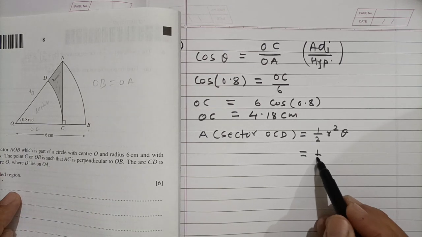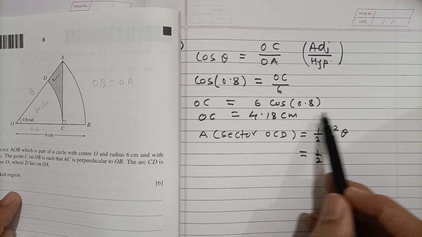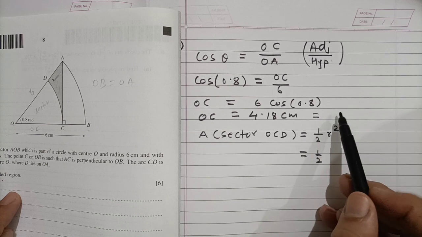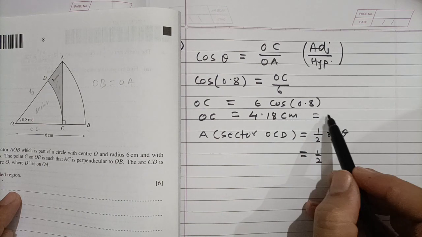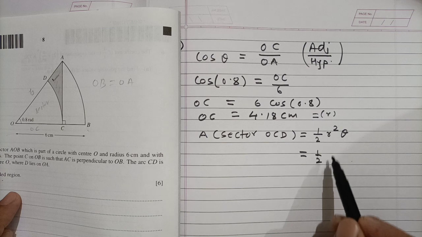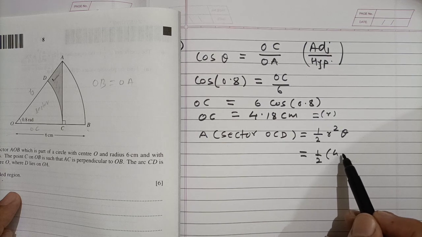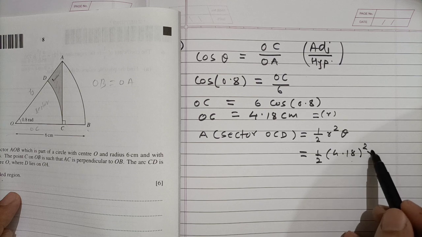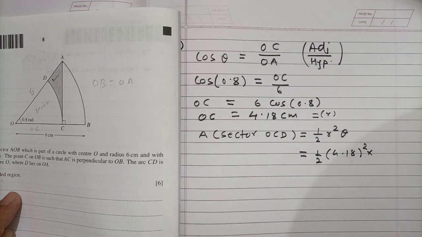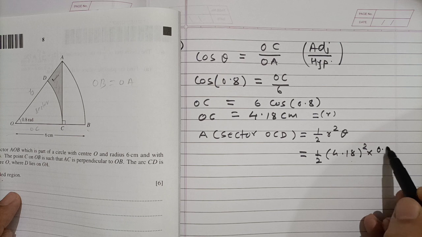This OC is nothing but the radius for the smaller sector. So in this case this is our r. So r square is 4.18 the whole square, into theta, which is given already in radian, 0.8.